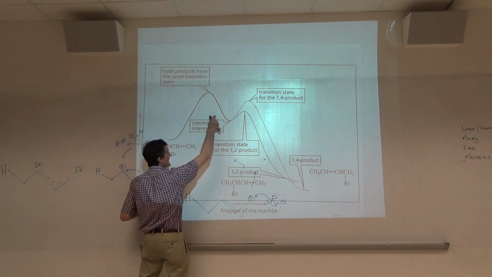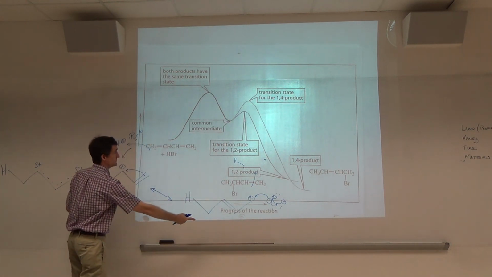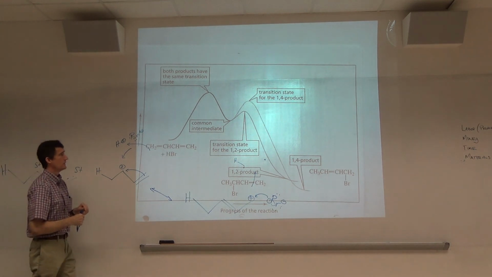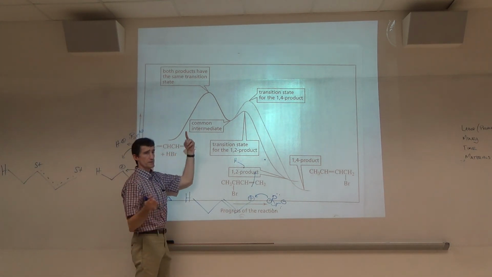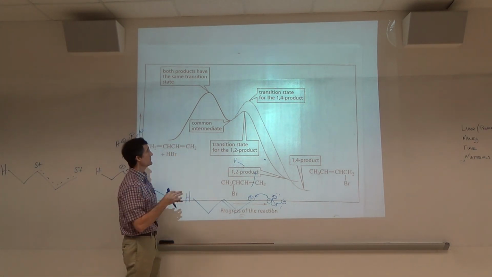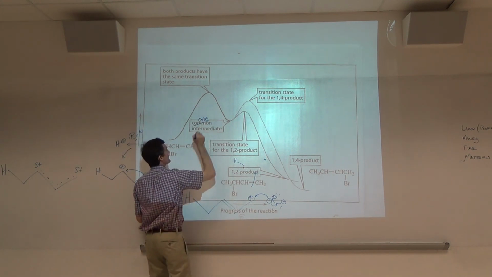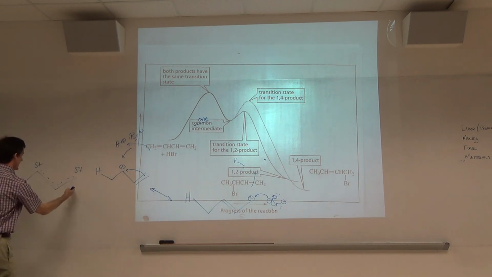We have a transition state leading to our intermediate. One intermediate. Common intermediate. It sounds like it's two different things that are in common. It's one intermediate. Okay? Maybe that's more clear. There's your intermediate, right there. One thing.